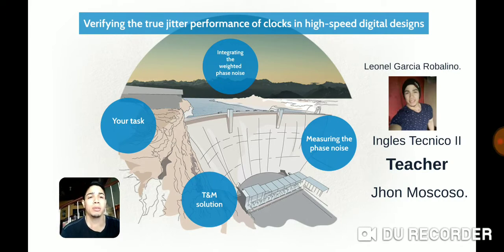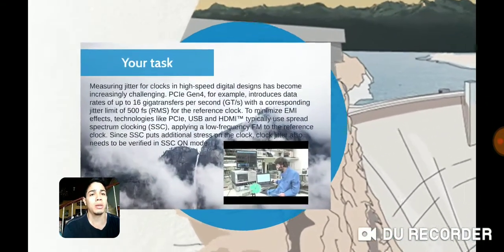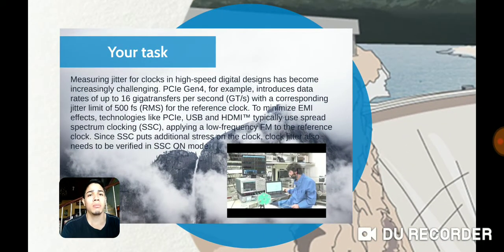The project is about the topic of measuring the true jitter performance of clocks in high speed digital design. Measuring clock jitter in high speed digital design has become increasingly challenging.